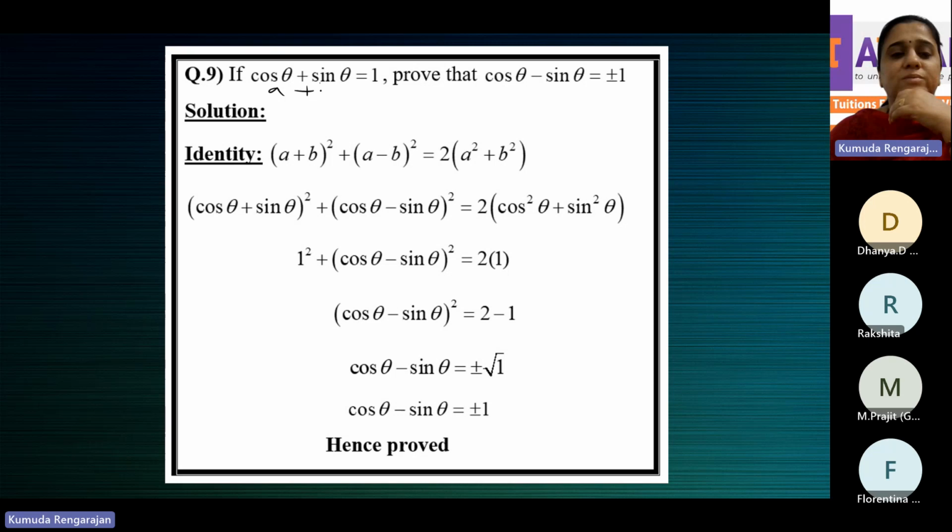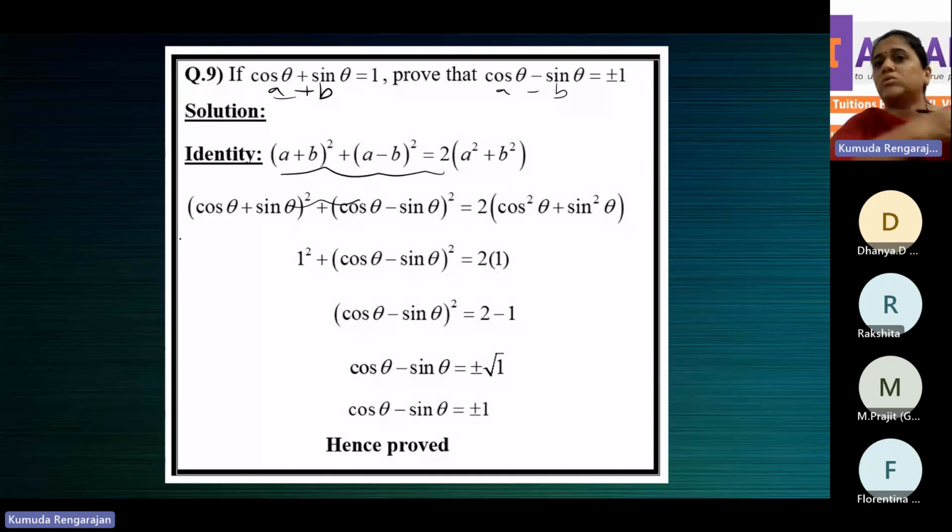This one looks like a plus b and this one looks like a minus b, so it's easy to identify the identity to use. (a plus b) the whole square plus (a minus b) the whole square is equal to 2 of (a square plus b square). In place of a, use cos theta; in place of b, sin theta. That's it.